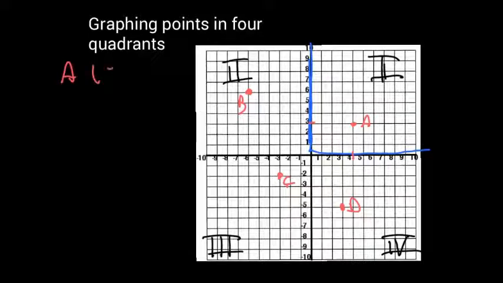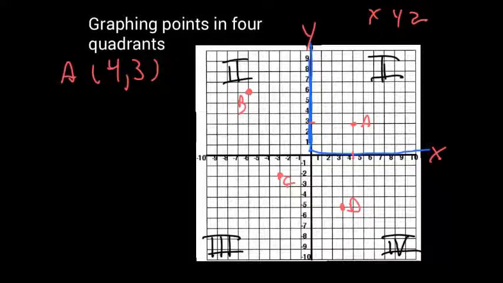So x always comes before y. It would be at 4, 3. The way you can always think about that: if you do your ABCs, it's x, y, z. X comes before y. So your x, which is always horizontal, comes before y, which is vertical.